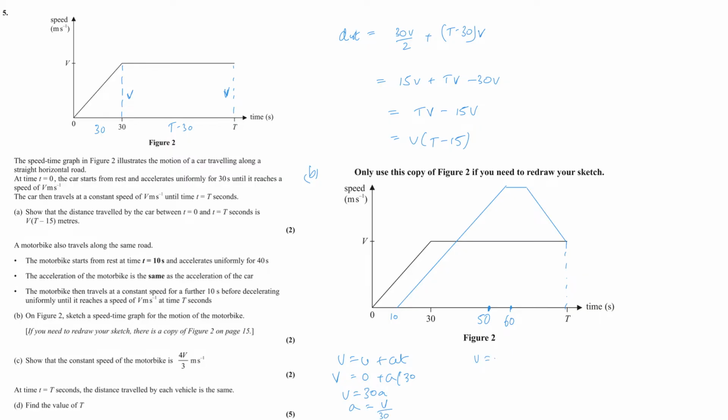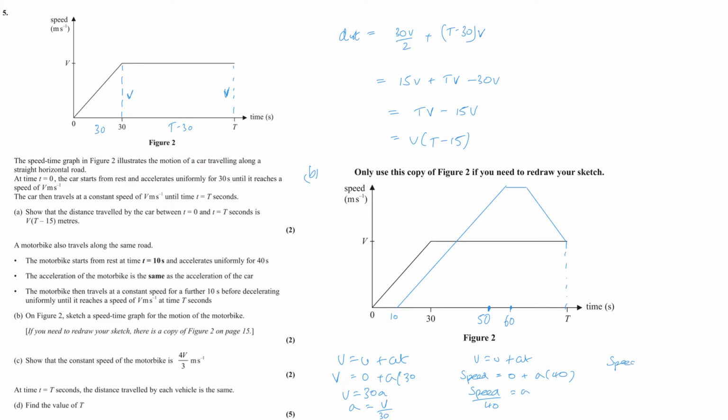And then for the motorcycle, v we don't know yet, so we'll just call that speed. 0 plus a times 40. So a is the speed divided by 40. And both of these accelerations are the same.